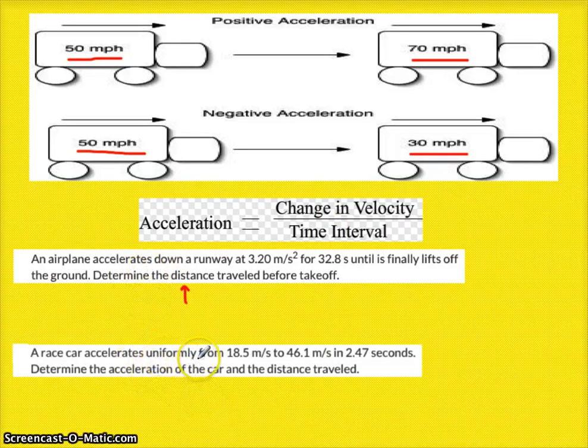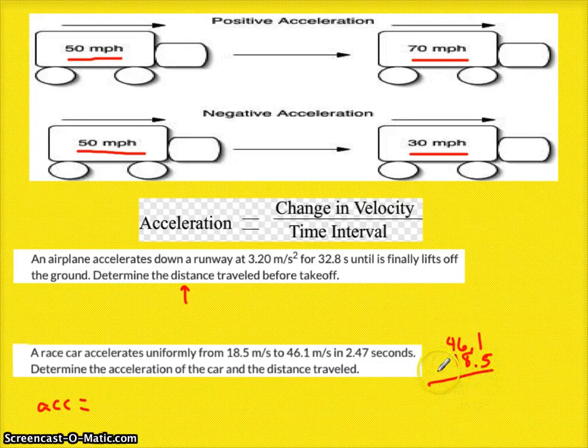A race car accelerates uniformly from 18.5 meters per second to 46.1 meters per second. So we have acceleration equals the change in velocity. So what is the change from 46.1 to 18.5?